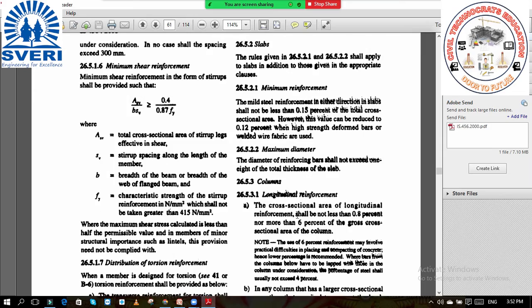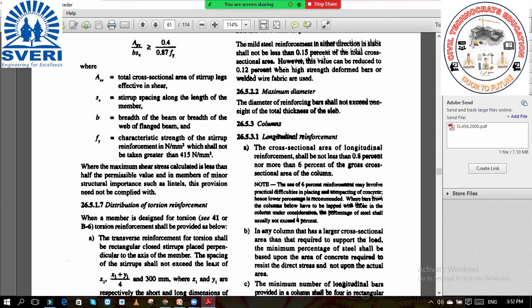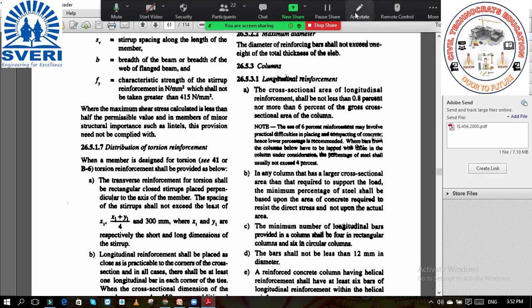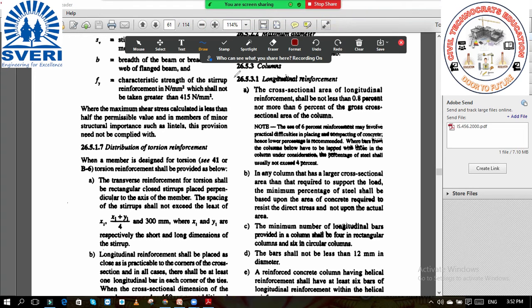Here you can see column. These are some important points; I will read only the important things. So 26.5.3 columns. Here it is given.